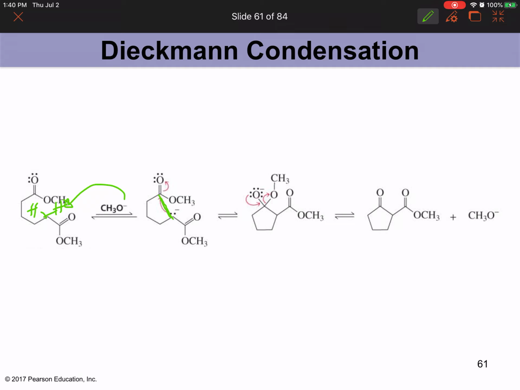If you count the number of carbons, that ring has 5 carbons. So it's going to be something like this. Then the next step is reforming the carbonyl compound, so the methoxy group will be lost. And then we have this beta keto ester, the Dieckmann condensation.